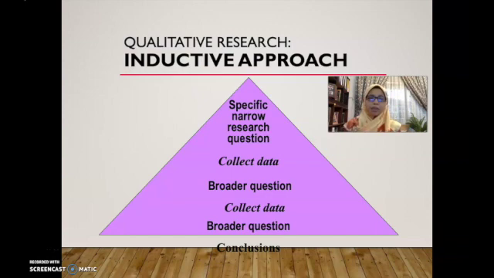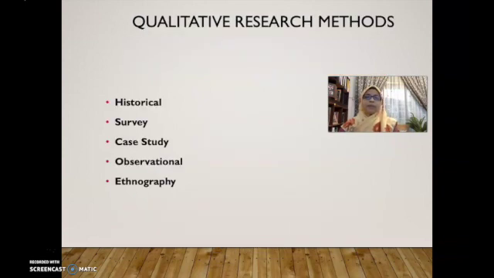But in the inductive approach, you may begin with a specific narrow research question, you collect data, you broaden the question, you collect data, you broaden up the question, and finally you get the conclusion. So in funnel approach, from broad to narrow, but in inductive, from specific to broader question. And at the end you get the conclusion, right?